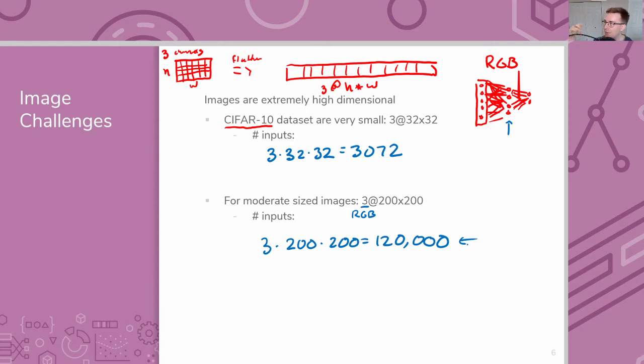So you're going to have this kind of blow up in coefficients, or parameters, you have to learn for even moderate-sized networks, because you just have these relatively medium-sized images.